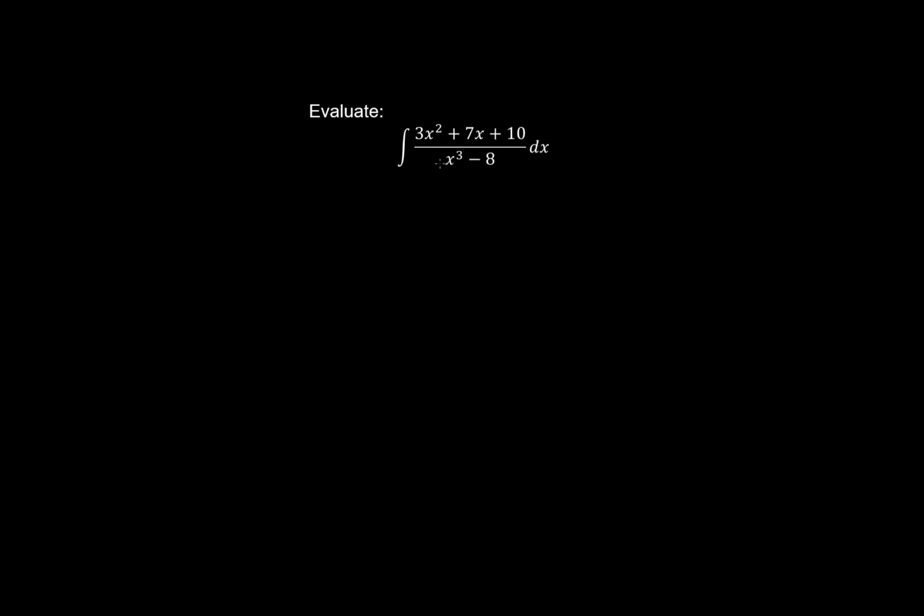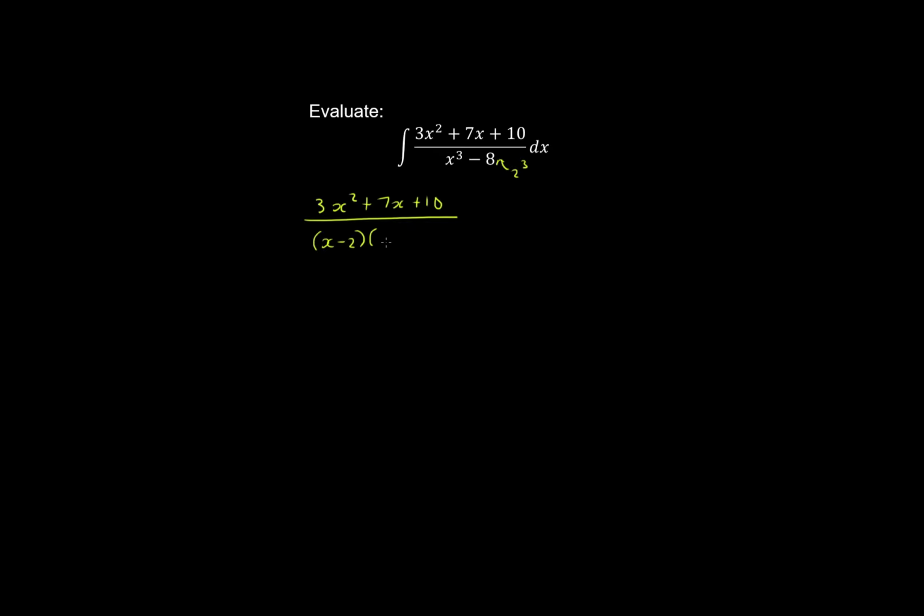We have an integral of a rational function with a higher degree polynomial in the denominator. So what we're going to do is use partial fractions, but first we need to factorize the denominator. So we can write 8 as 2 cubed, and now we can use cubic factorization to factorize the cubic.